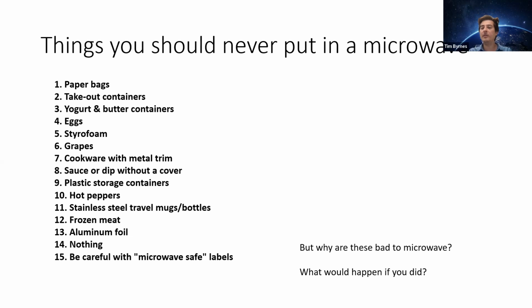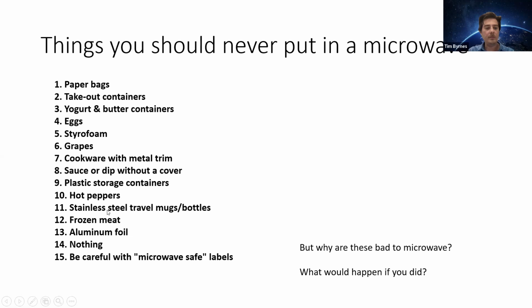It's actually very interesting. You wouldn't think it would do anything that special, but if you put grapes in the microwave, again, something quite violent happens. We'll look at that. Obviously, also cookware with metal trim, like your grandmother's plates with maybe some metal on the rim.